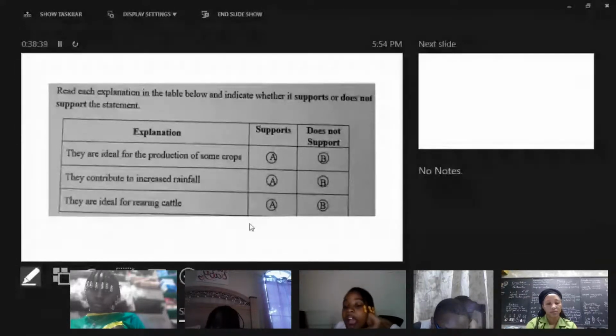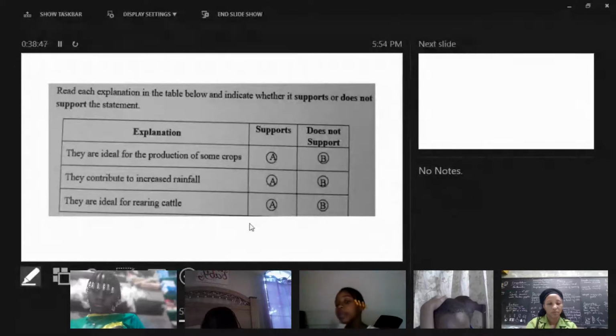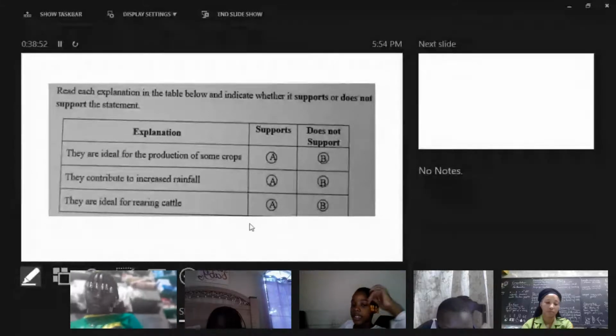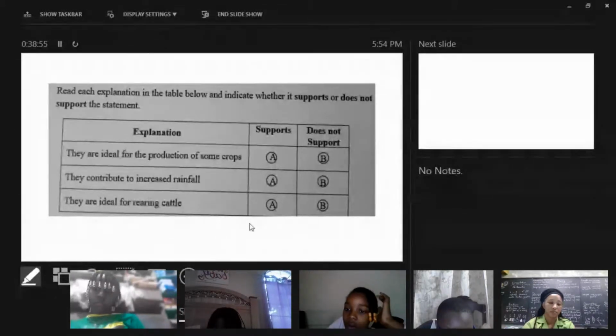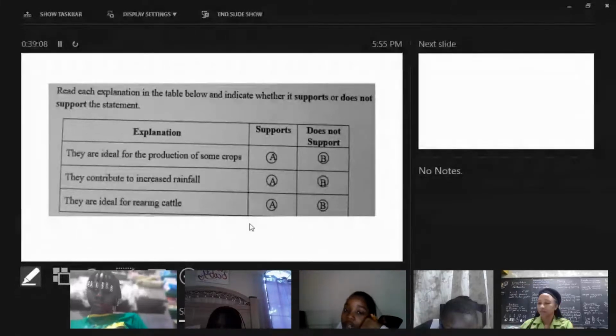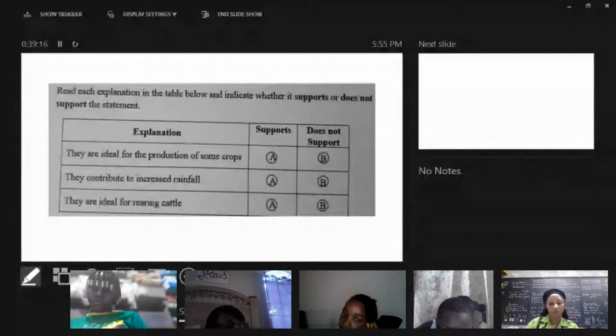They are ideal for rearing cattle. A, supports; B, does not support.